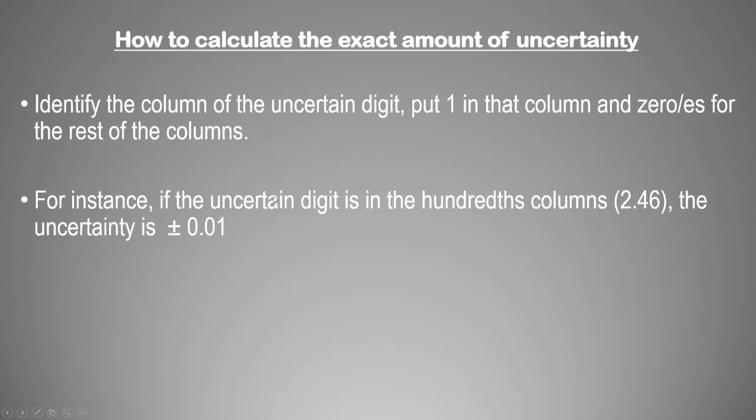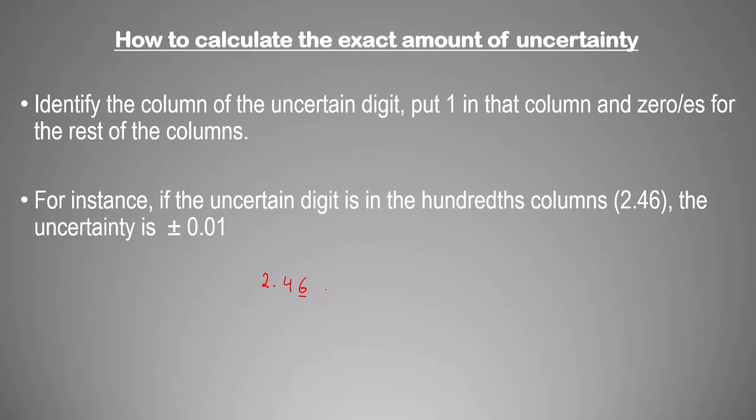For example, let's do one example to calculate the exact amount of uncertainty. So the example we are taking is 2.46. First step is to determine the uncertain digit, which is 6, the last digit of the measurement.